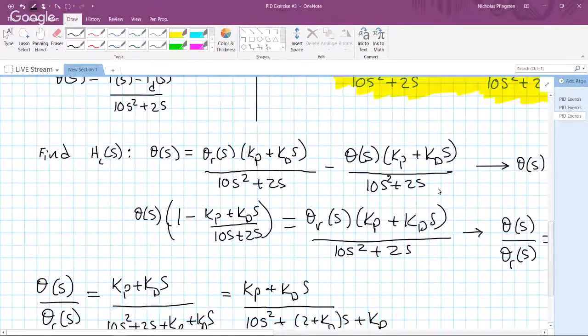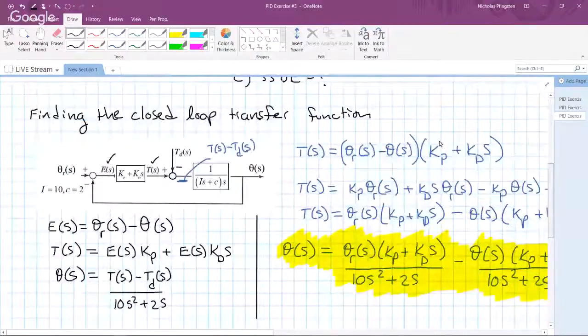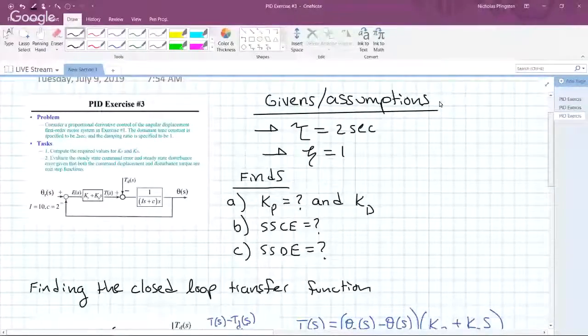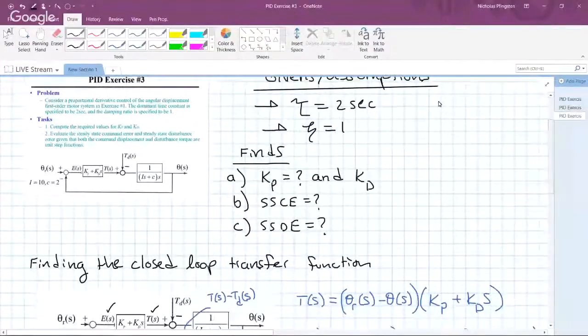But we were given in this problem, conveniently enough, our zeta and our time constant. And zeta is telling us that this problem, I want to say, is critically damped.